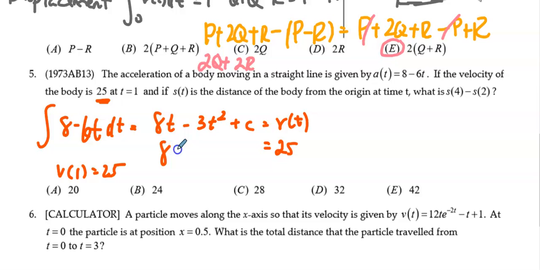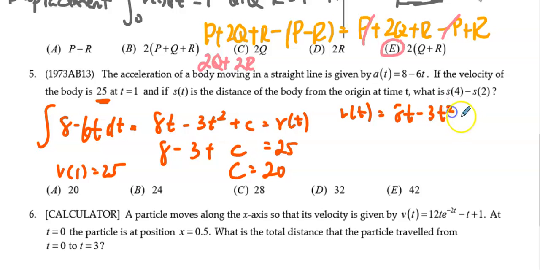I can go ahead and just plug in and find what my c is, very easily. So c is going to be equal to 25 minus 5, which is equal to 20. So my velocity is going to be equal to 8t minus 3t squared plus 20.